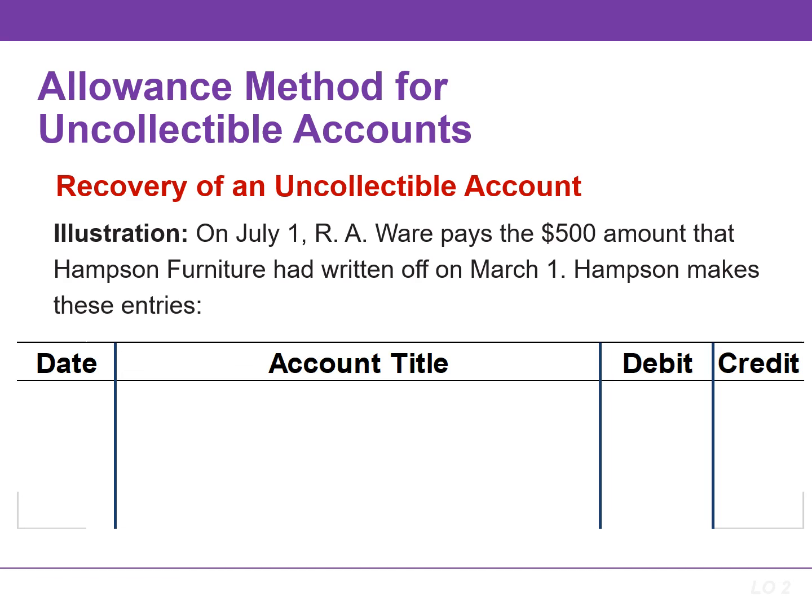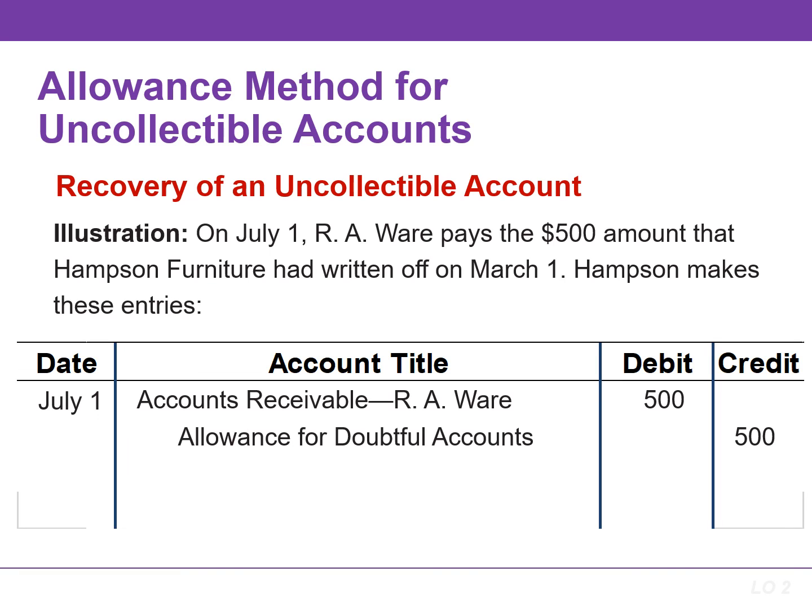To illustrate, assume that on July 1st, R.A. Ware pays the $500 that Hampson Company had written off on March 1st. Hampson makes the following entries. First, they will debit accounts receivable R.A. Ware and credit allowance for doubtful accounts in the amount of $500. This entry reverses the entry made in writing off the account and reinstates the customer's account.